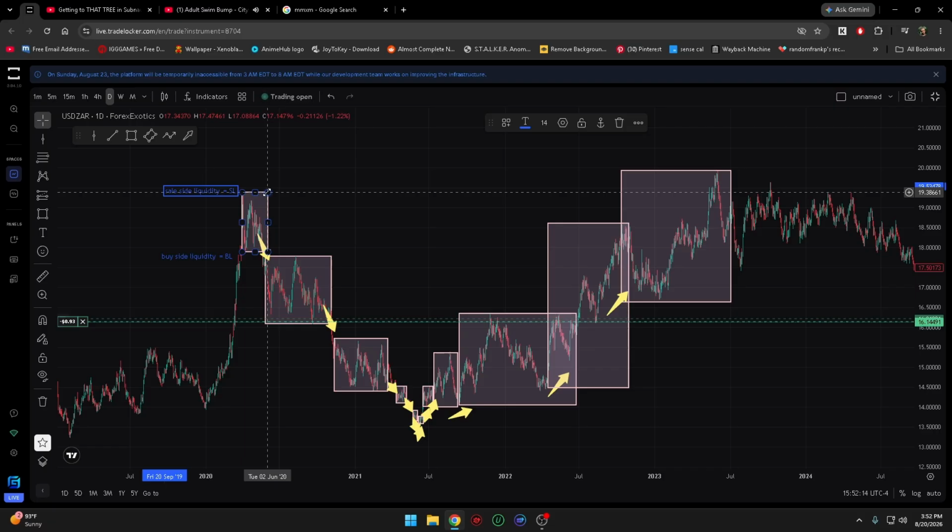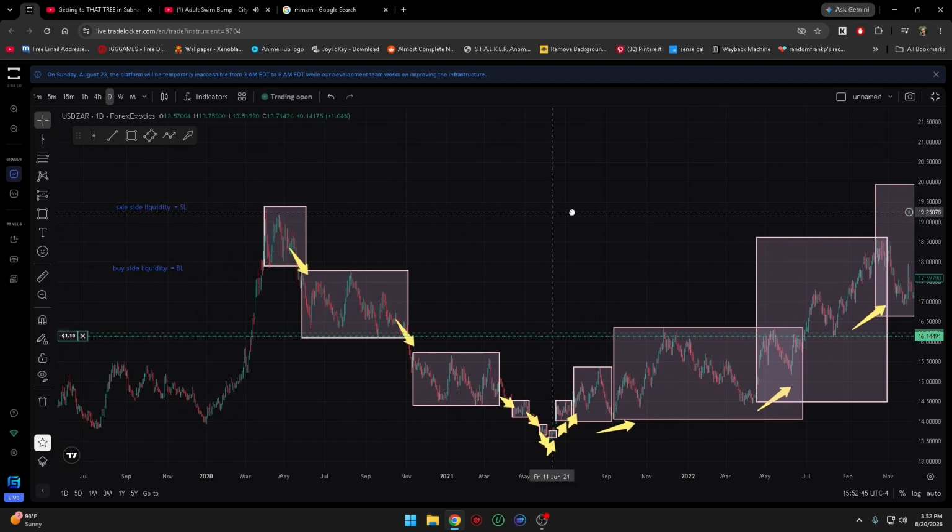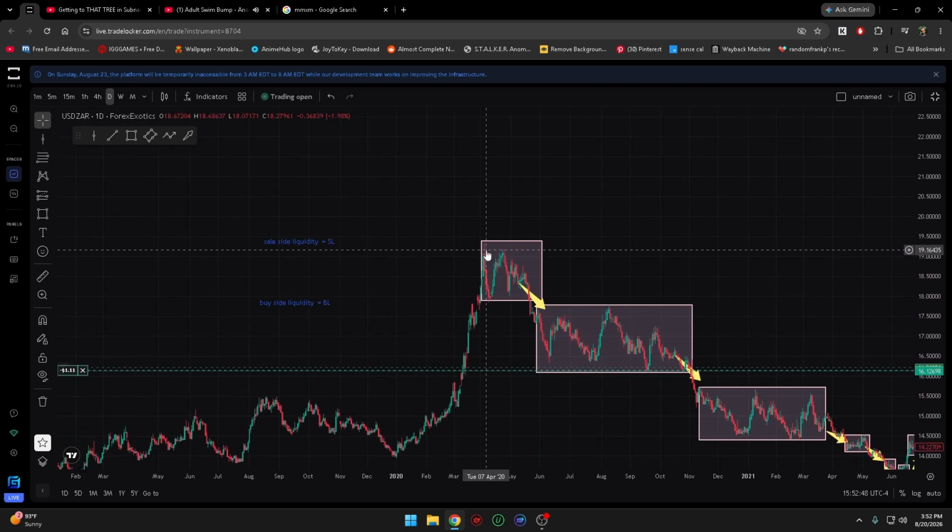If I'm selling and I'm expecting price to go downward, my sell side liquidity will be above what I'm selling, because if it continues going upward, then I'm just losing money. Okay, so we're gonna write that down first. So if I want to protect myself, it'll be liquidity up here, because since I'm selling, I have to have a stop right here. Every time a stop is hit, price.